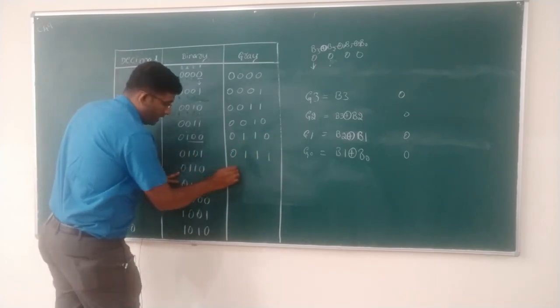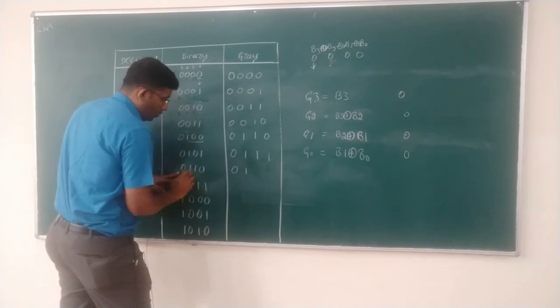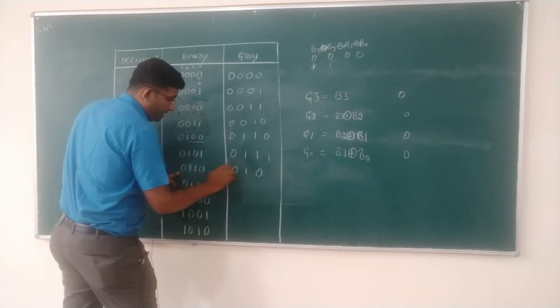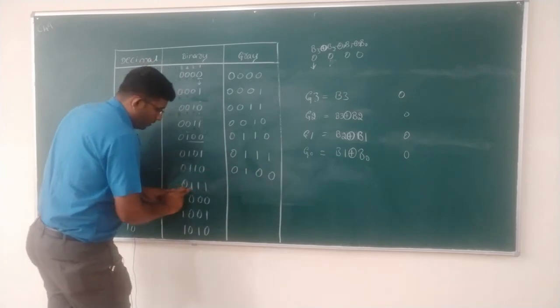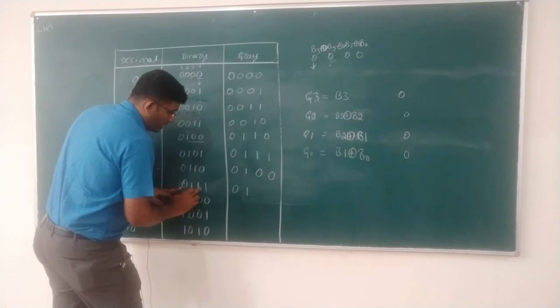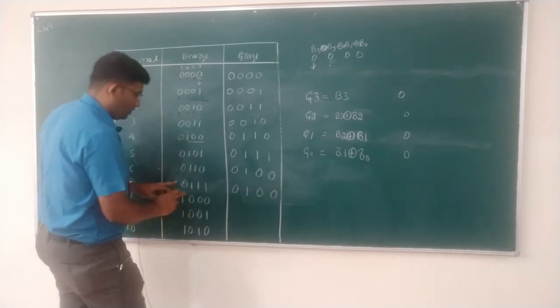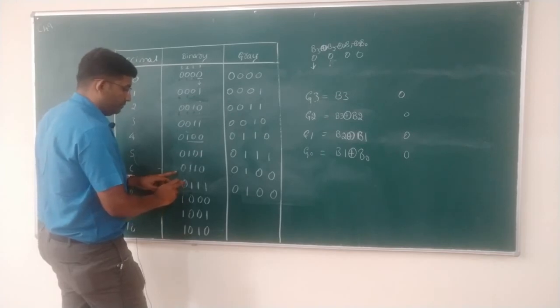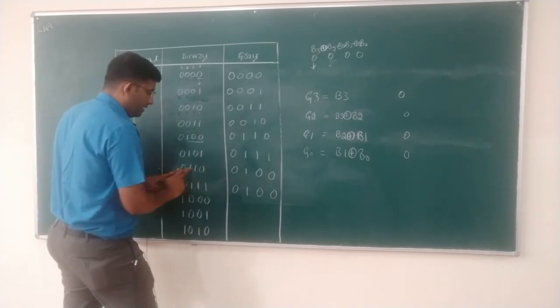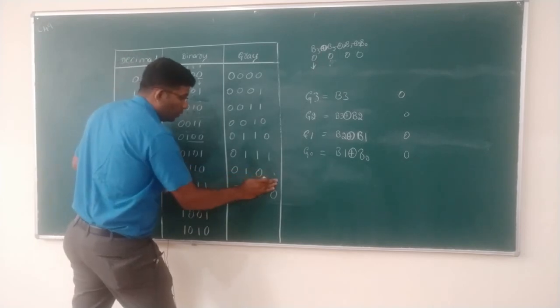Consider the next one. 0 as it is, 0 plus 1, 1, 1 plus 1, 0, 1 plus 0, 1.